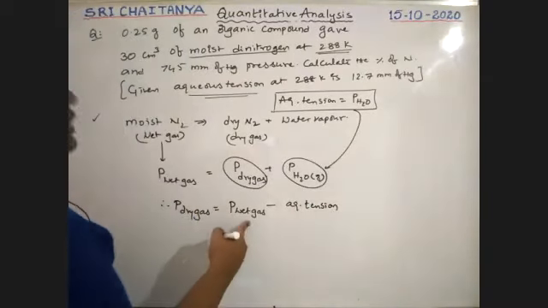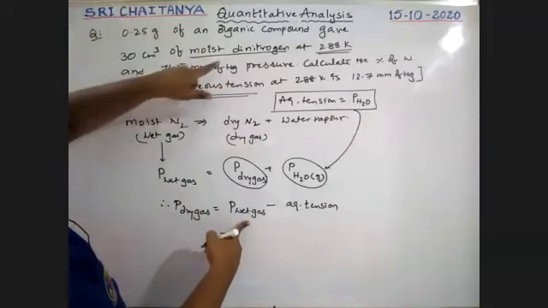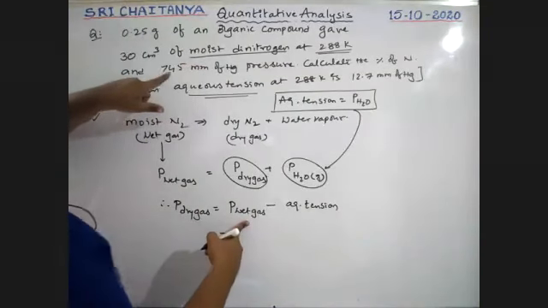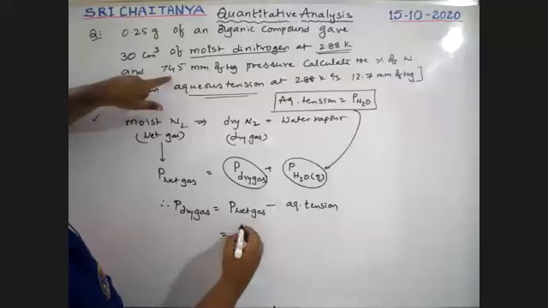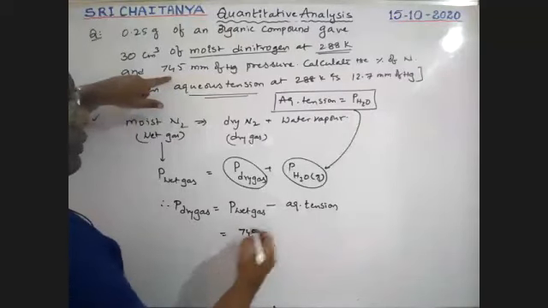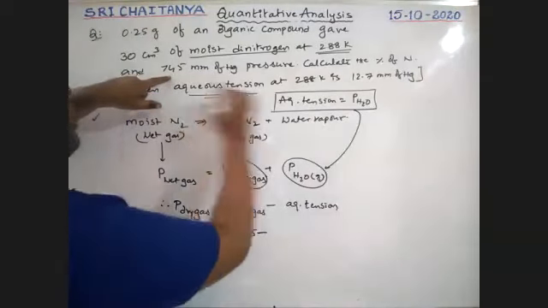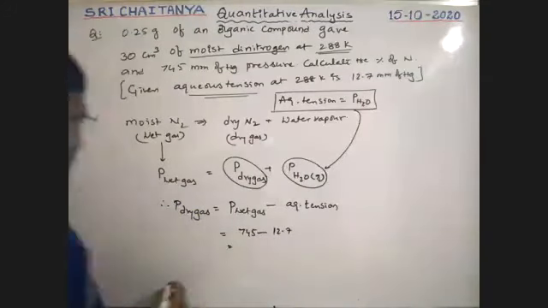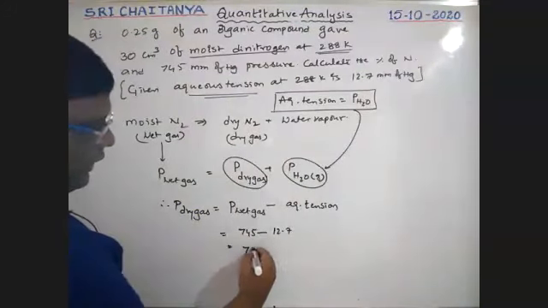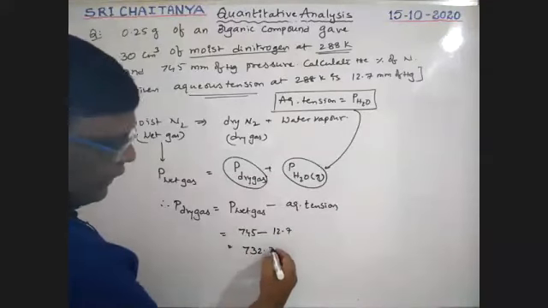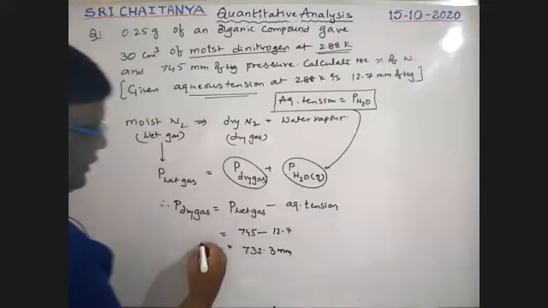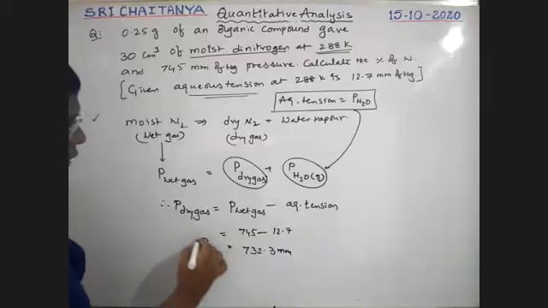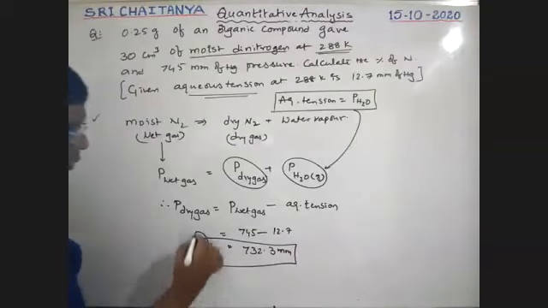That is, pressure of wet gas is 745 minus aqueous tension at that temperature, 12.7, which is equal to 732.3 mm. This is the pressure of dry N2.